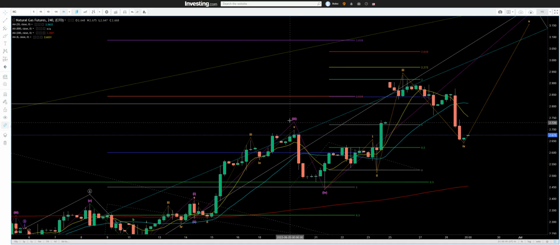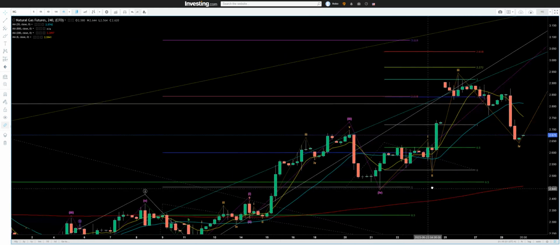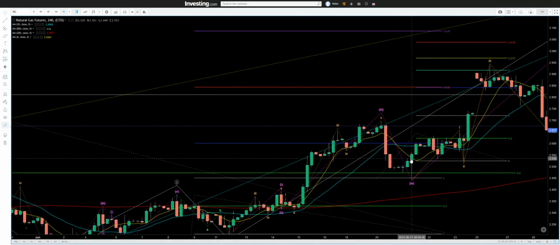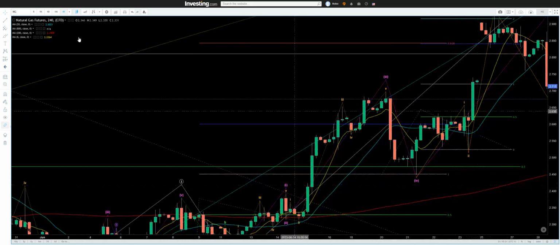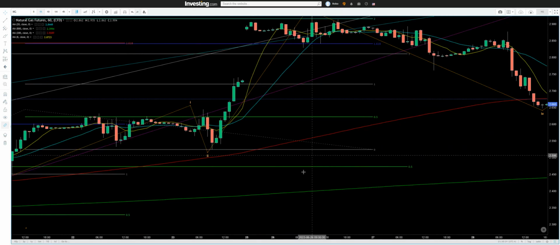But I am going to do this. We had 3 in the minuette A, B, C. This is rather tricky, and C just came down here. If you want to take a closer look, I will do that with you right now in the hourly.